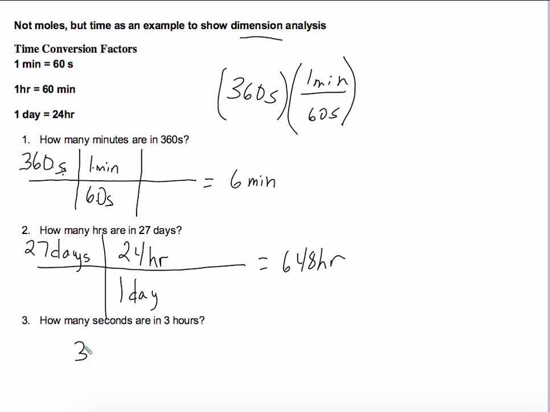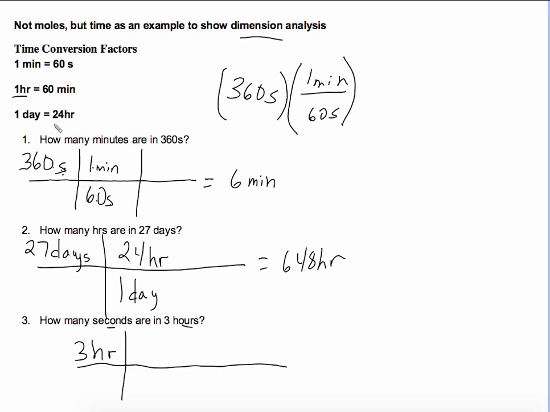Okay, number 3. How many seconds are in 3 hours? So we write down 3 hours. We always write down what the problem gives you. Draw the picket fence. Okay, now we have hours, we're going to seconds. So we go up here and we see, and this is where things can get a little more difficult. We have to have something with hours down here.